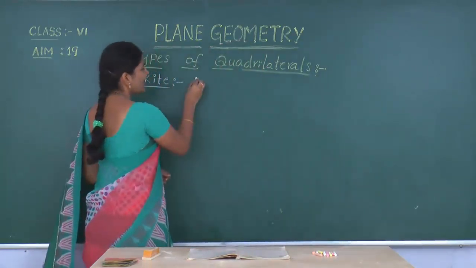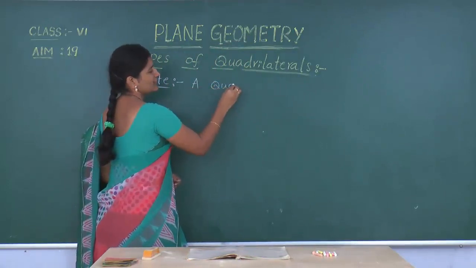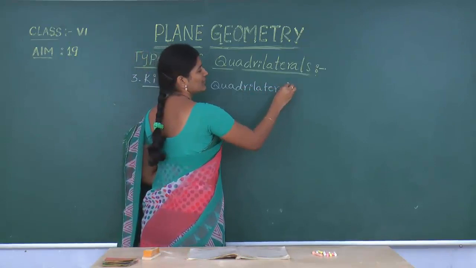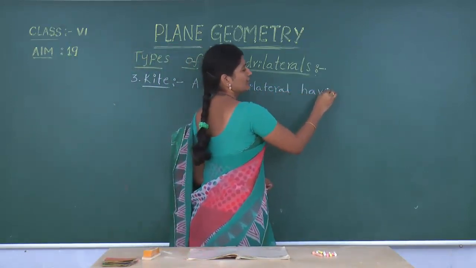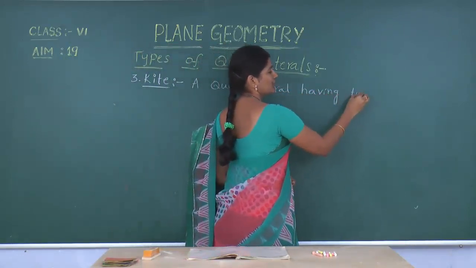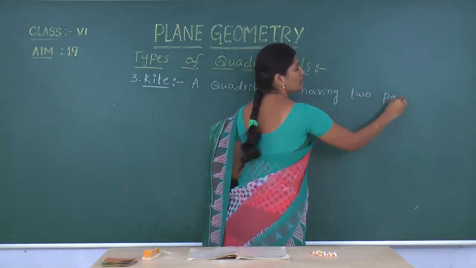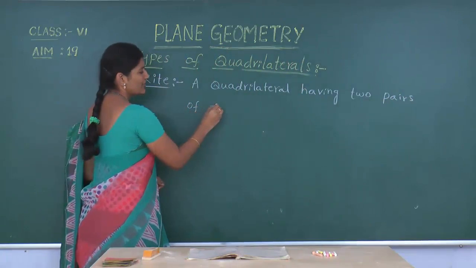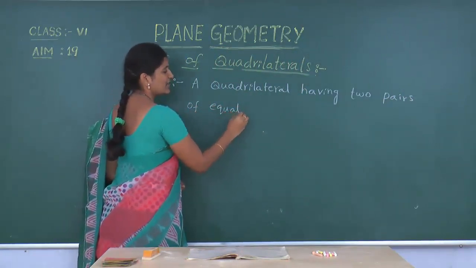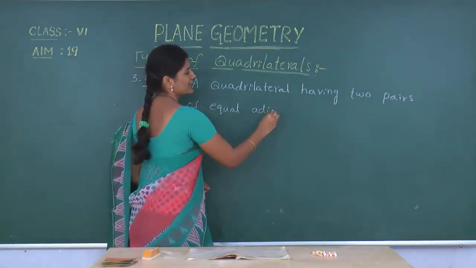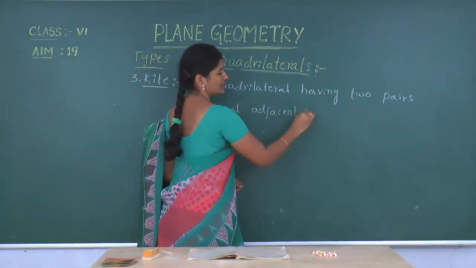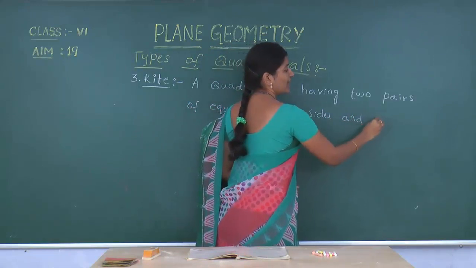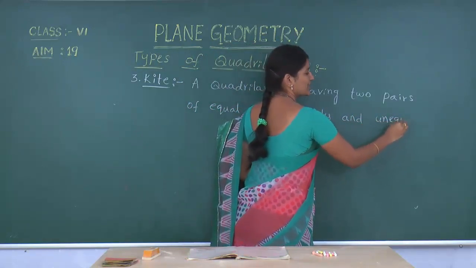A quadrilateral having two pairs of equal adjacent sides and unequal opposite sides.